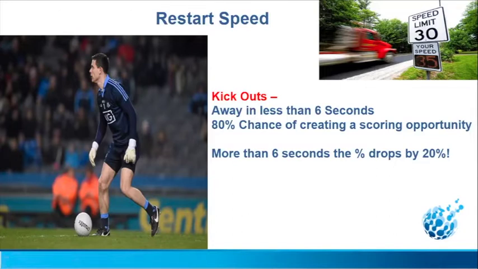Generally in the championship, 37% of scores originated from a team's own kickout. So like over a third of your scores will come from your kickouts. So the quicker you get your kickouts away, the more chance you have of creating a scoring opportunity. It's not the more chance you'll have of scoring. You still need a score, but there's more chance of creating a scoring opportunity.